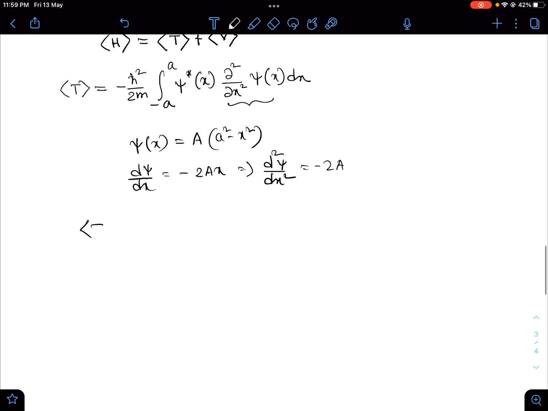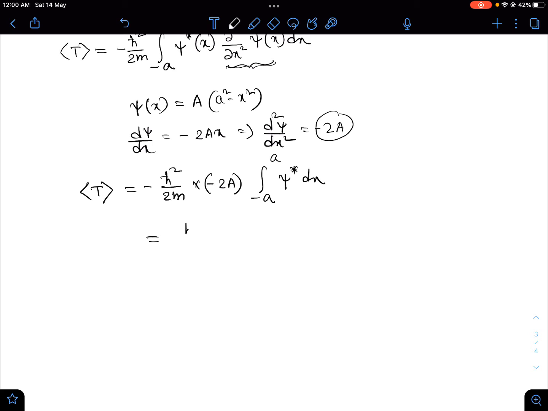So T will be minus h bar squared by 2m, and this term will give us minus 2A. Let me just write this down outside: minus 2A, and we have the integral from minus a to a of psi star dx.